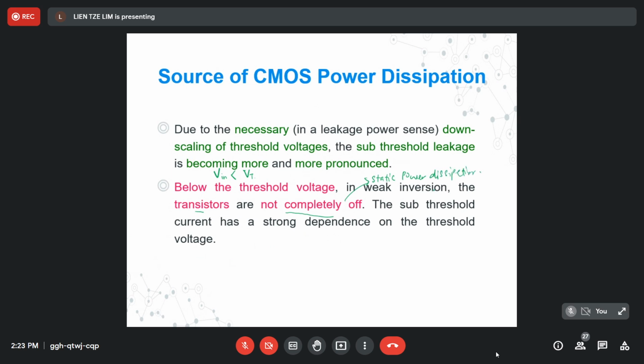Static power dissipation is caused by the leakage through the gate, source, and drain terminals, and also the subthreshold current. Here you can see that the selection of the threshold voltage will affect the amount of static power dissipation.